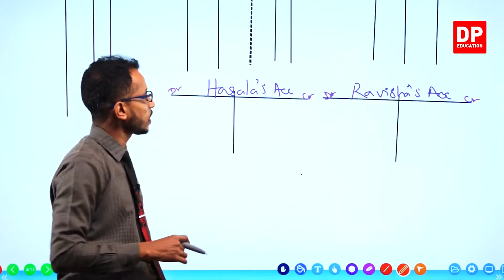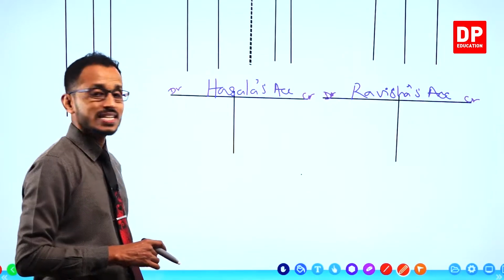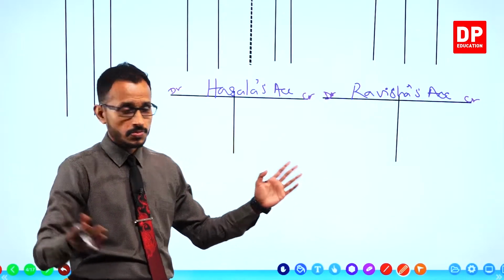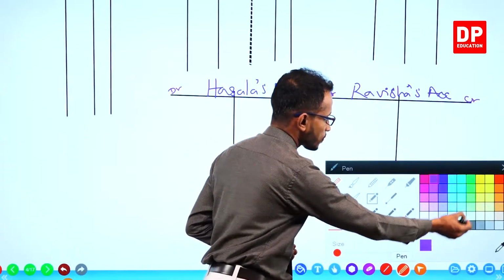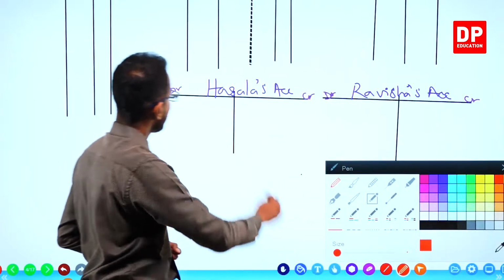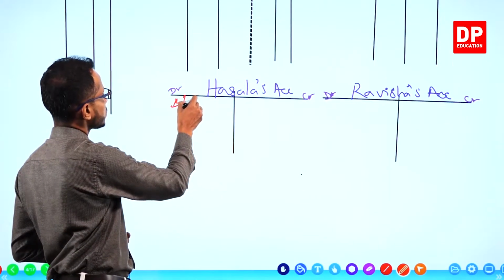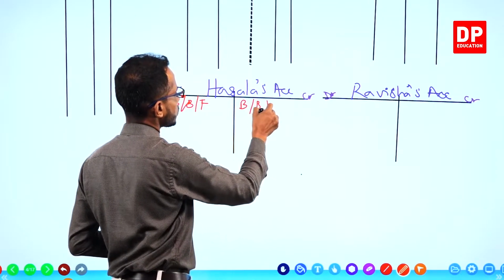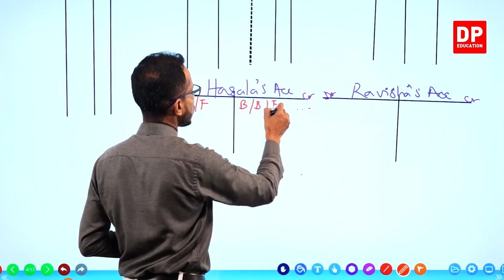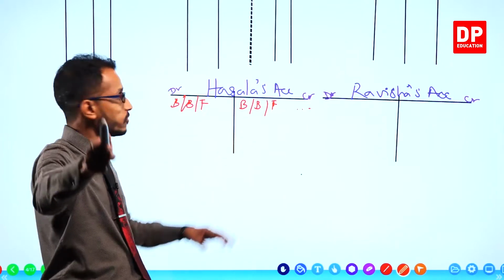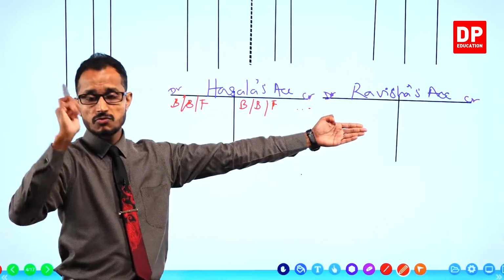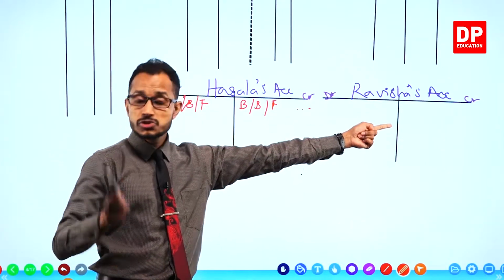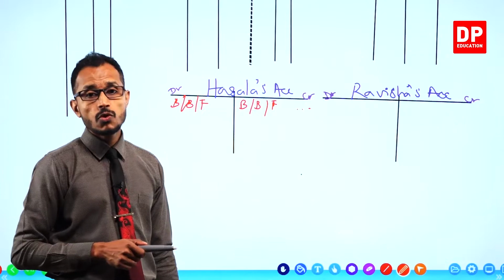Now we'll record 22,000 in Hasala's account. Which side, debit or credit? In which side of these debtors' accounts should you mention the balance brought forward?